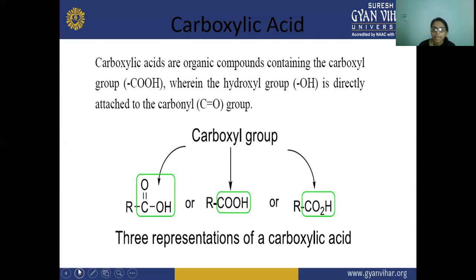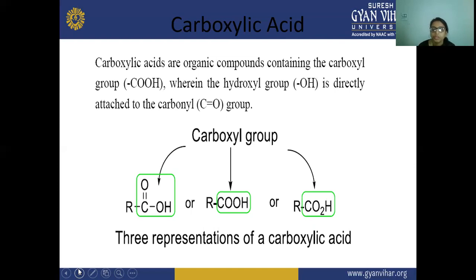Here carboxylic acids are organic compounds, means they carry carbon as well as hydrogen. So these are the organic compounds that contain the carboxylic group, that is your COOH, and in this COOH, there is a hydroxyl group that is directly attached to the carbonyl group.